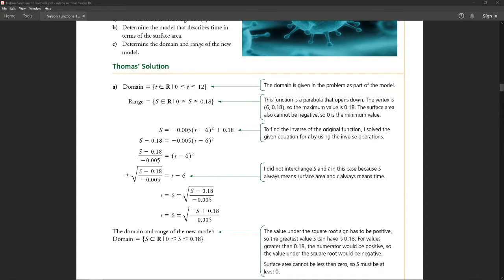Oh, too much thinking. To find the inverse, okay. So we have S equals negative 0.005 times t minus 6 squared plus 0.18. To find the inverse of the original function, I solved the given equation for t by using the inverse operations.